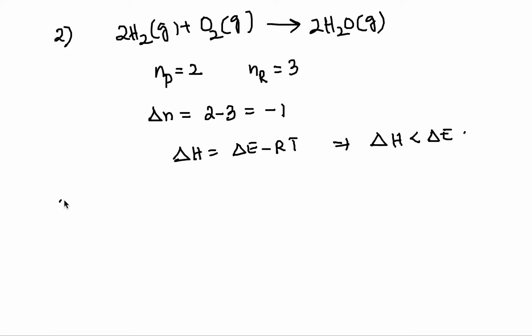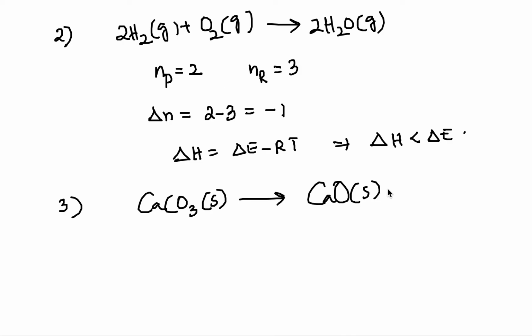And let's take another one, calcium carbonate solid decomposing to calcium oxide solid plus carbon dioxide gas. On the left side, that is the reactant side, there are no gases, the volume is very less, and it is decomposing to give a solid, which occupies very little volume, but there is a release of gas which is going to take significant volume, because when we have a gas, the particles are far from each other, therefore they tend to occupy whatever volume is available to them.